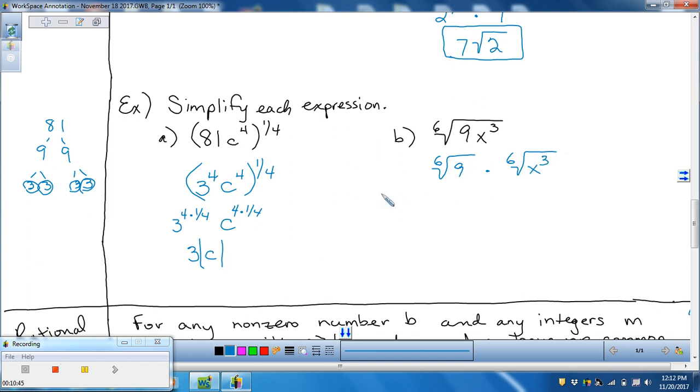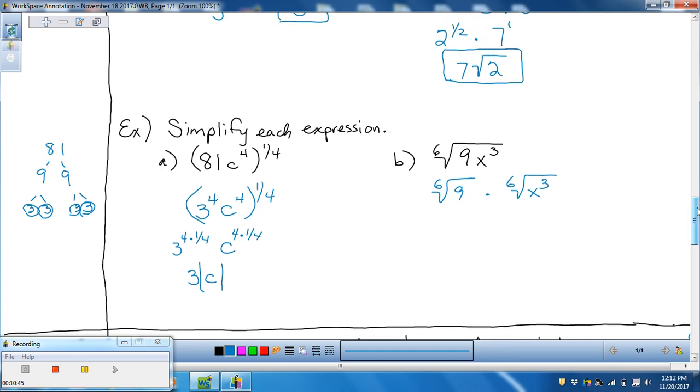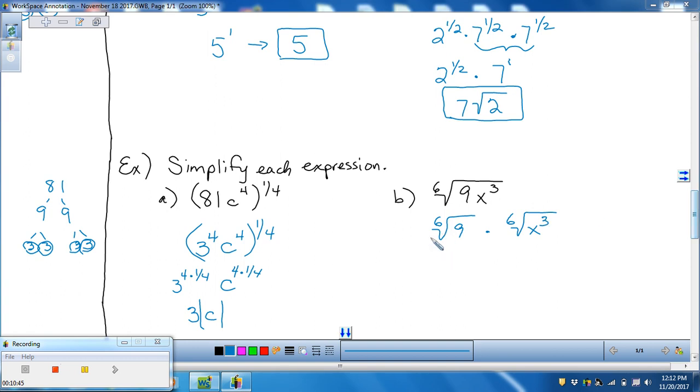Now we're going to rewrite it as a fraction for our exponent. So we've got 9 to the 1/6 times x to the 3/6.